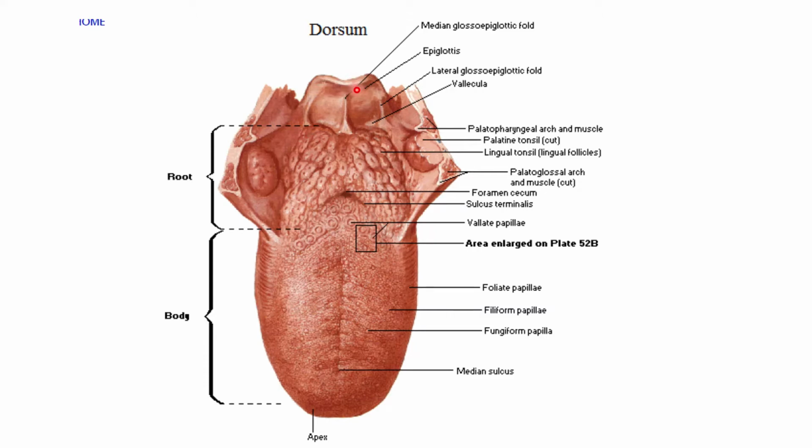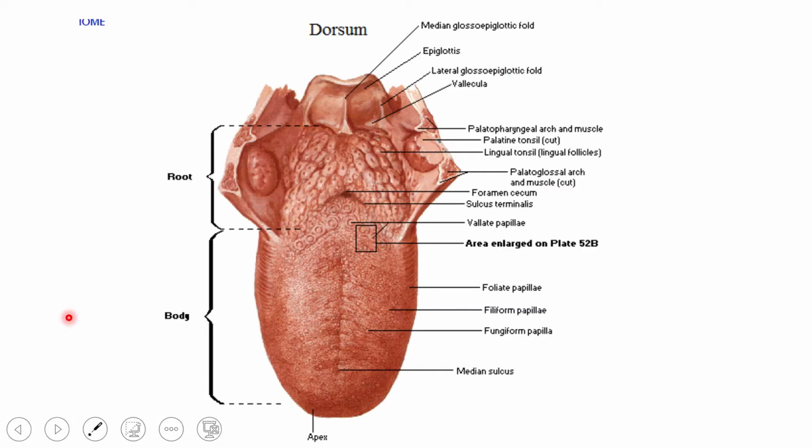The epiglottis is the cartilage of the larynx. The root or the base of the tongue is in contact with the epiglottis by two folds, that is the median glossoepiglottic fold and the lateral glossoepiglottic fold on either side.